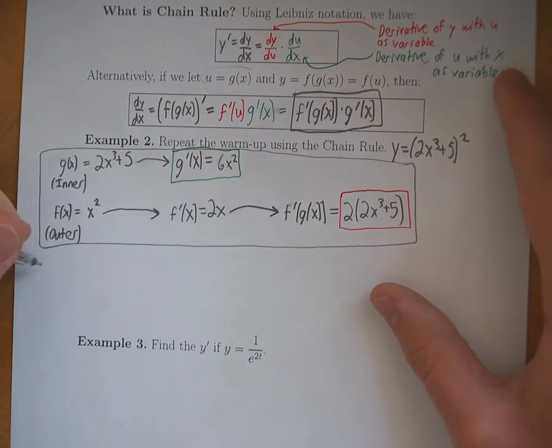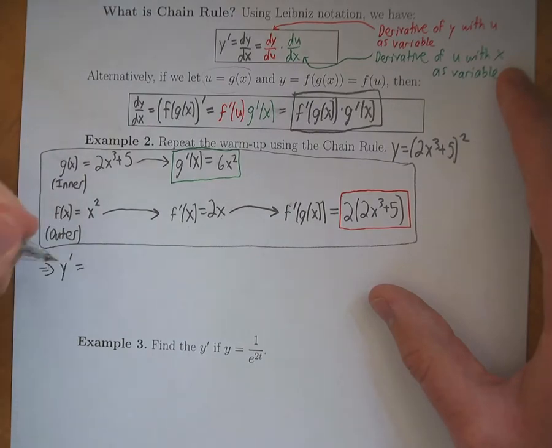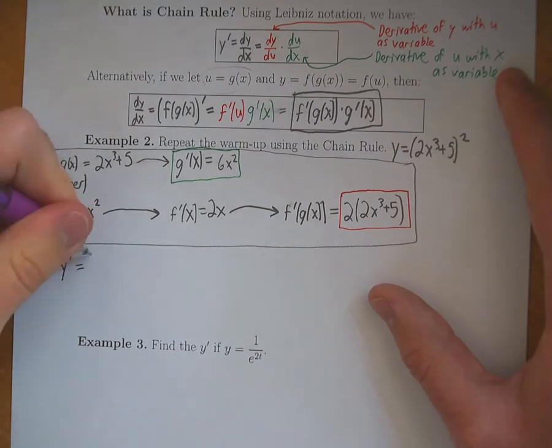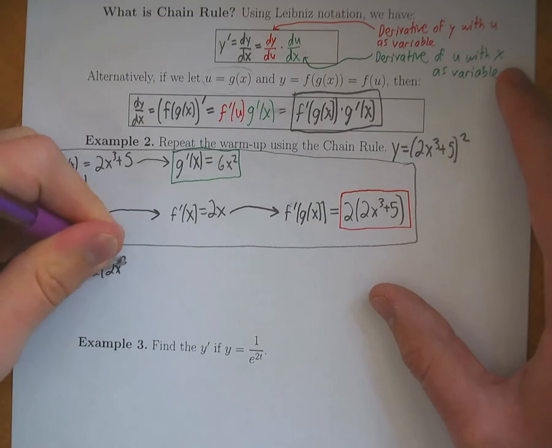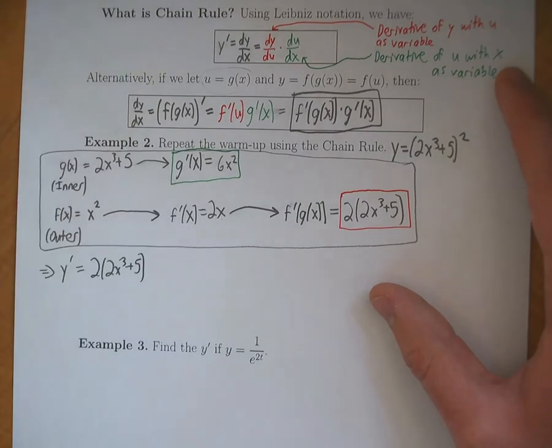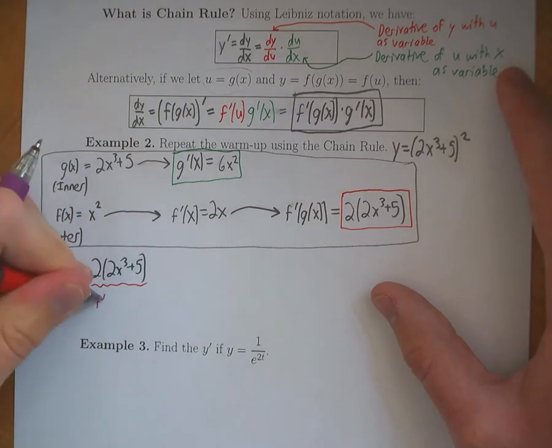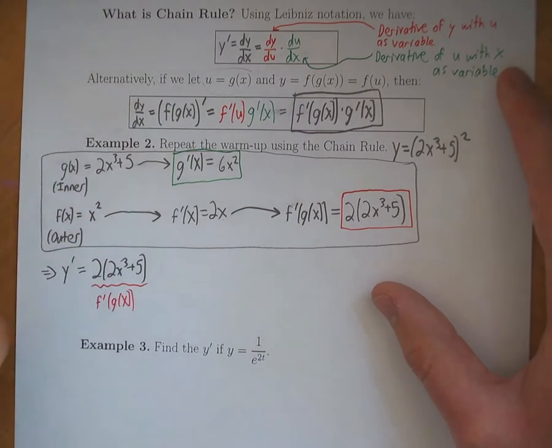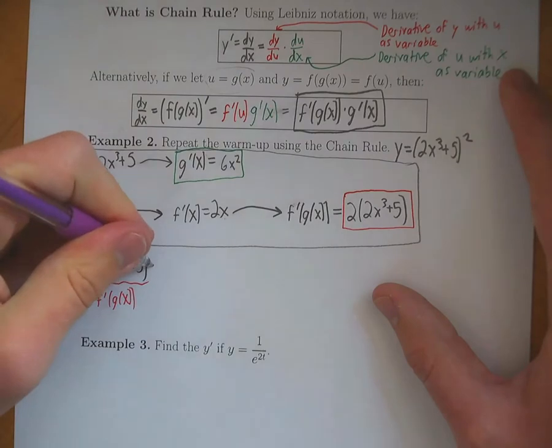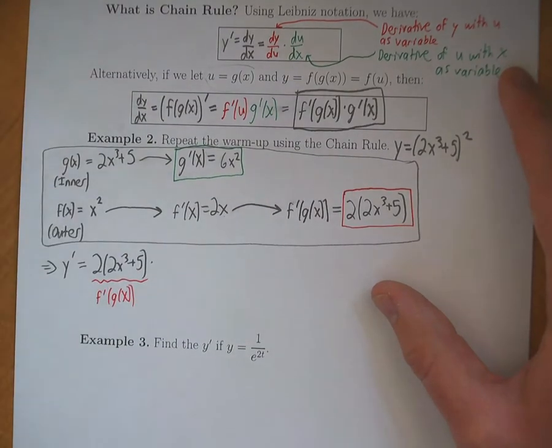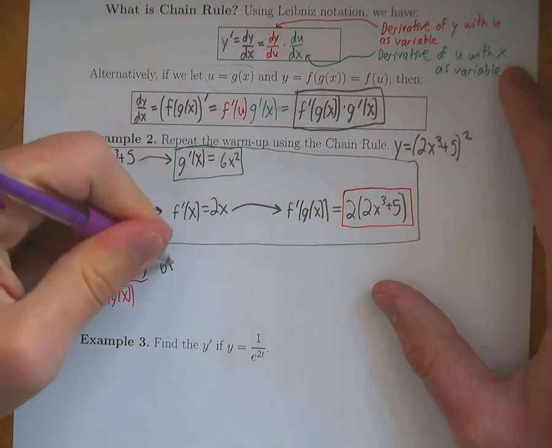What that tells us is that if we put this into our chain rule formula, we have 2 times 2x cubed plus 5. This is our f prime of g of x. And then this is our g prime of x, so 6x squared.